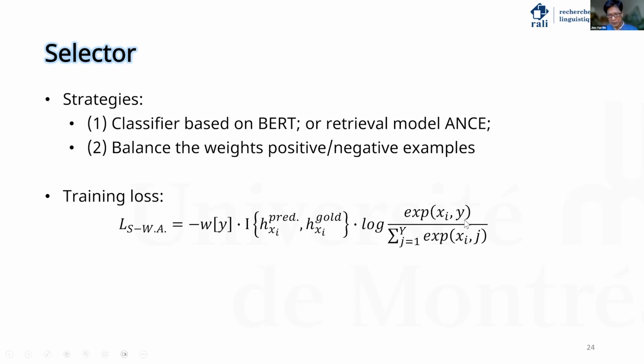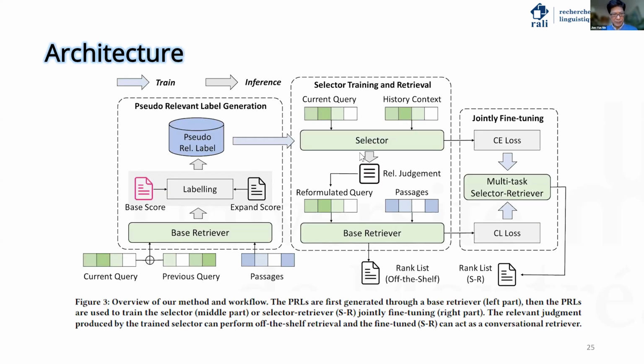It is also possible to fine-tune the ANS model to determine the similarity between the current query and a previous query, and to determine whether to assign a high score or low score, and based on that, we can select the previous terms. Finally, we have this training loss to fine-tune what this ANS model should be trained on, and this is a loss that we can incorporate in the training process. I'm going to go fast.